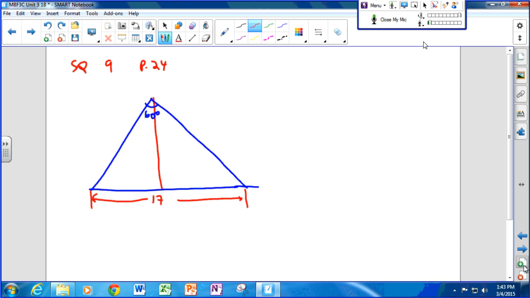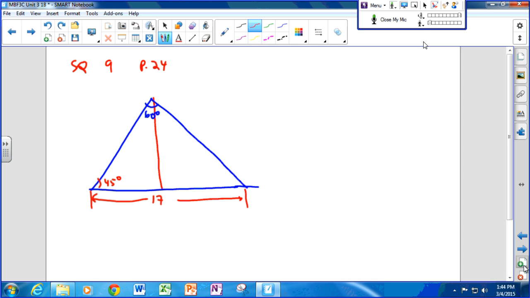So 45 degrees. Now, here's the thing. There's a few questions in the book where you get a similar scenario. And the question is, can you assume that both sides are equal?